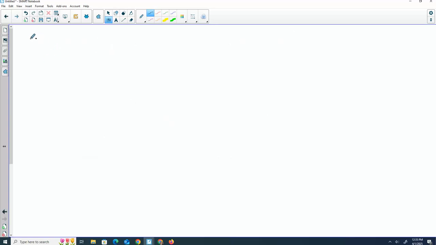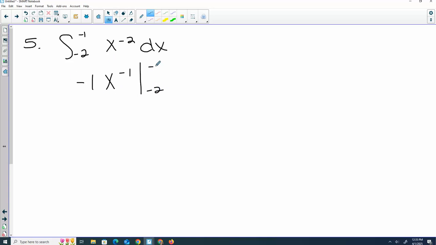Number 5. Integral from negative 2 to negative 1 of 1 over x squared, that's x to the negative 2. So if you add 1 to the power, that's negative 1, so that means you need a negative 1 in front to cancel it. So that if you do the derivative, the negative 1 drops, x to the negative 2. We're evaluating from negative 2 to negative 1. So this is a negative x to the negative 1, which is like saying 1 over that.